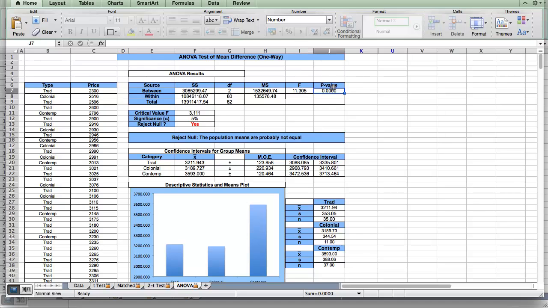Our p-value of 0 tells us this much mean difference is not an accident of luck. This is a true effect. The type of the home is associated with the price of the home.